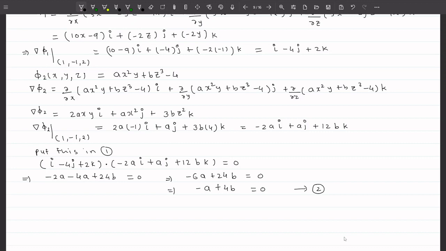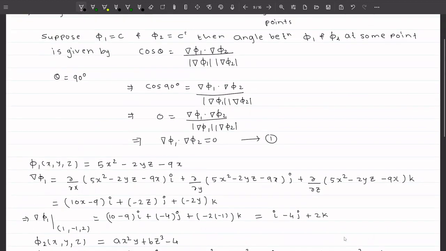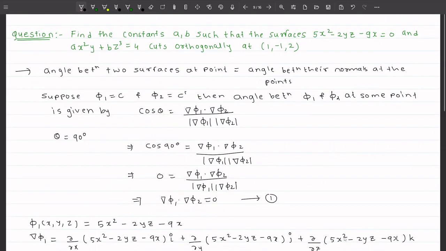Now look here, because our two surfaces are given. The first surface is 5x² − 2yz − 9x equals 0, and ax²y + bz³ equals 4. These two surfaces are given and they cut orthogonally at the point (1, −1, 2).